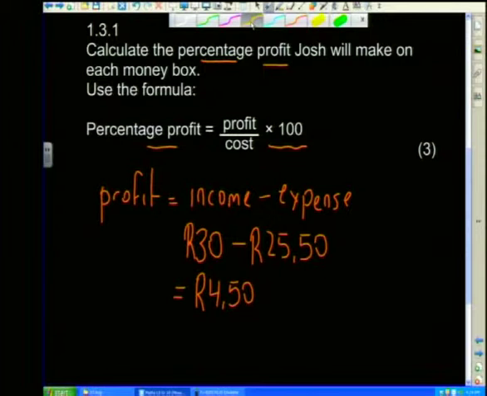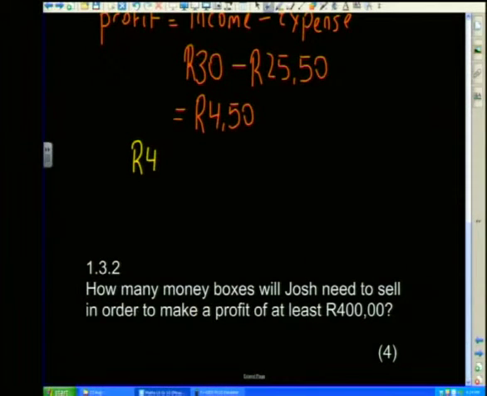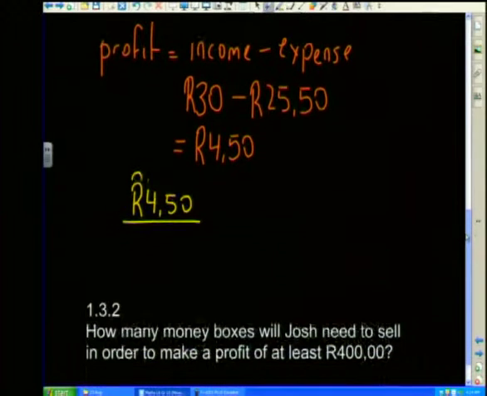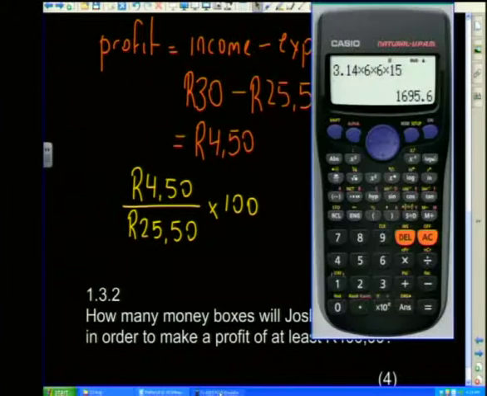But they're asking us for percentage profit. So let's change our color and let's now work out, well, we're now taking our 4 Rand 50 and we're dividing it by our expenses, by the cost. So our cost was 25 Rand 50. And it's a percentage, so we're going to times by 100. So let's get our calculator out.